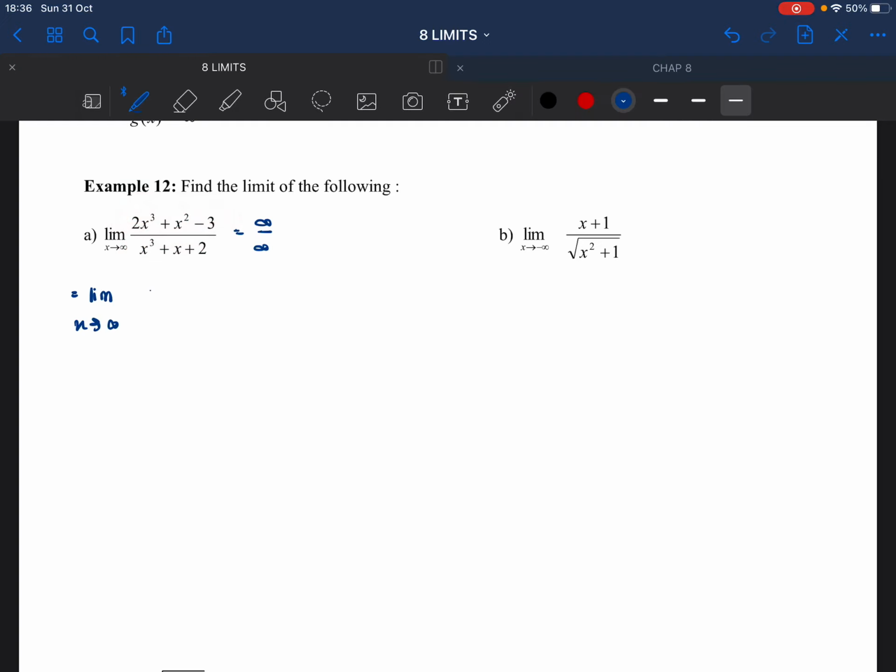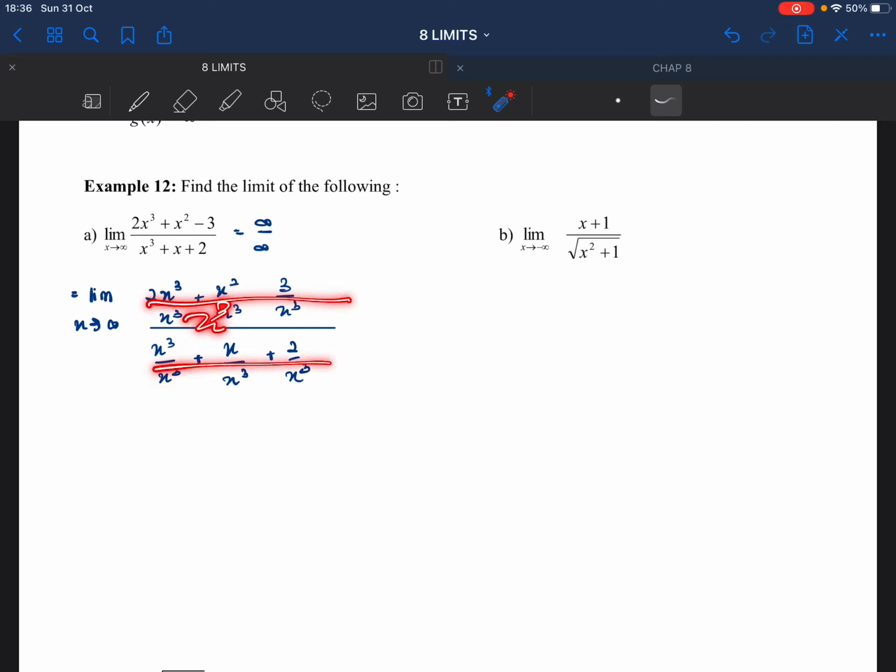So we will have 2x cubed over x cubed plus x squared over x cubed minus 3 over x cubed, over x cubed over x cubed plus x over x cubed plus 2 over x cubed. Divide each term by the highest power of the denominator. Don't divide everything by x; don't do x over x cubed only. This is easier for you to see how to evaluate the limit.